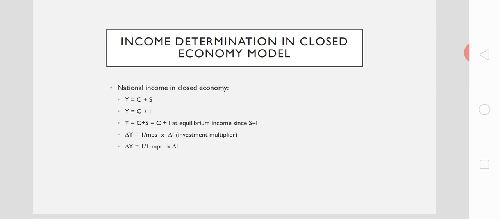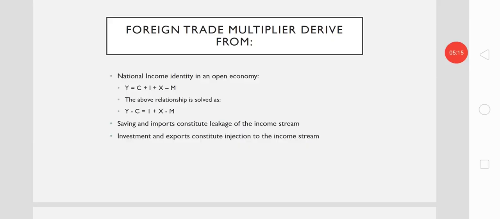This can be directly employed in the foreign trade multiplier. Here we want to incorporate marginal propensity to import and investment on export industries. In an open economy where there is foreign trade, where there is export and import, the national income of a country will be determined by adding export minus import to the national income of the closed economy.